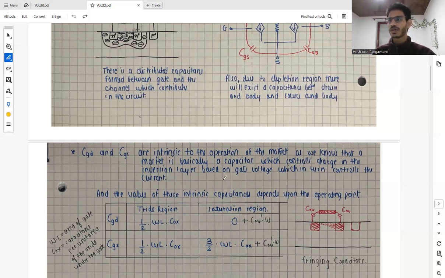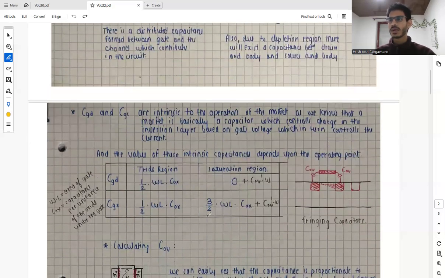The values of those intrinsic capacitances depend upon the operating point. Here we have two regions of operation. In the triode region, we have a linear inversion layer, and CGD equals CGS equals half of W times L times Cox, where WL is the area of the gate and Cox is the capacitance per unit area of the oxide under the gate.